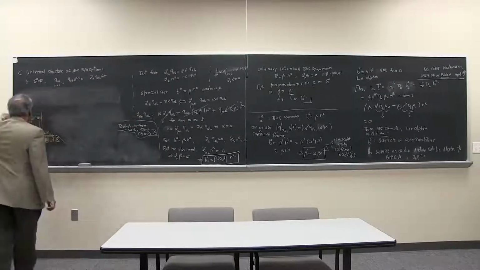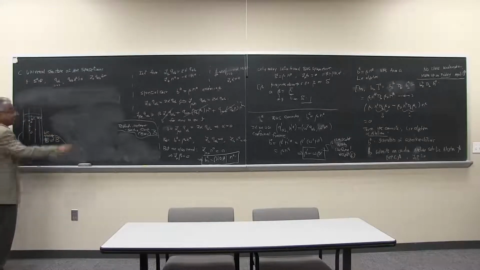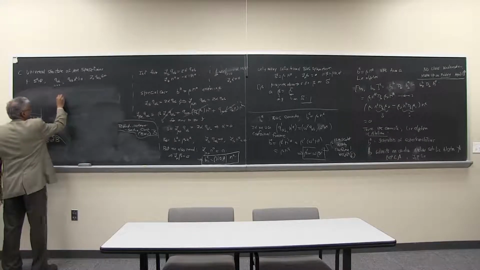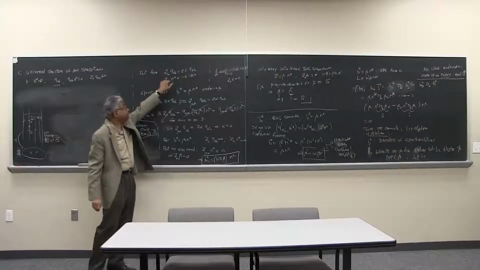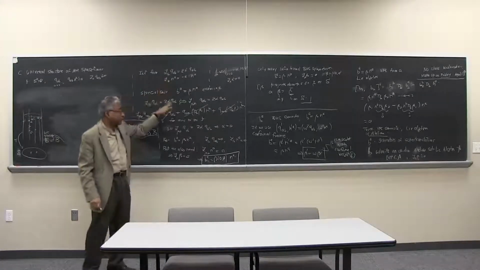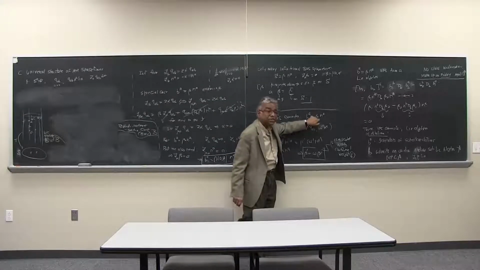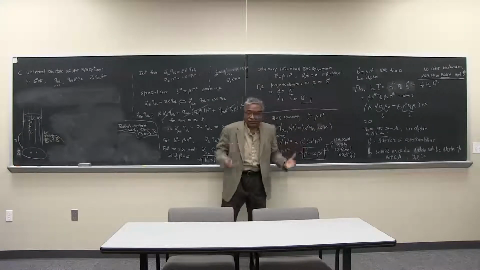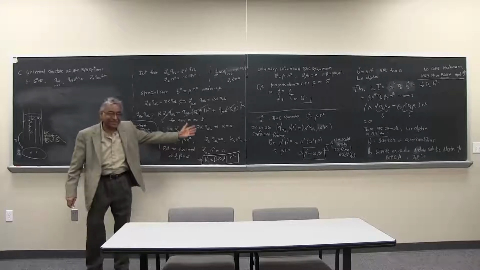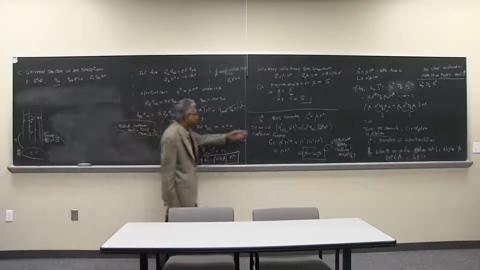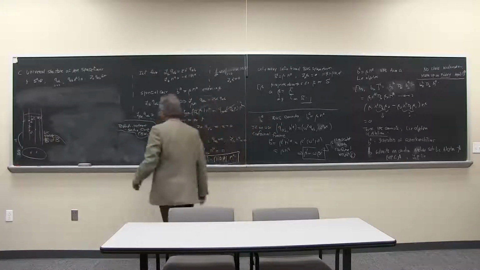Okay. So now we want to understand other elements of the BMS group, not only of this type. But let us see how these super translations, which already have nice structure, interact with the general element of the BMS group.